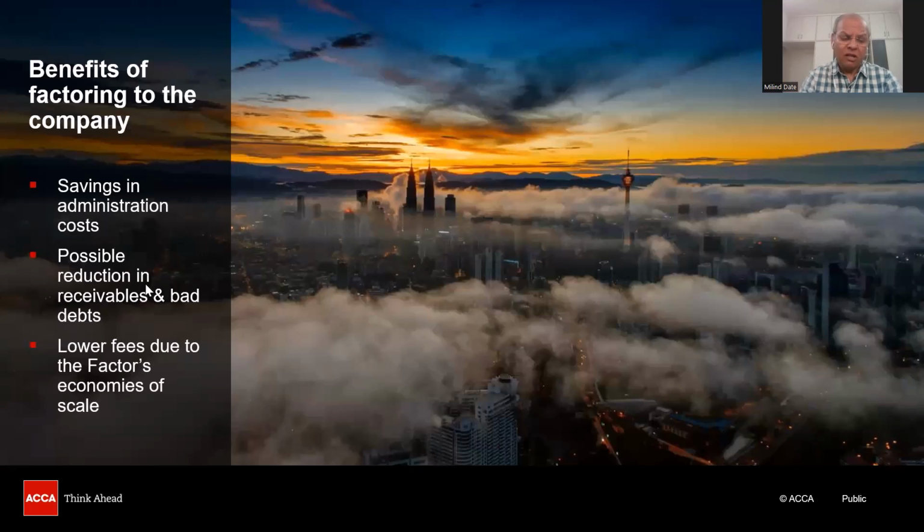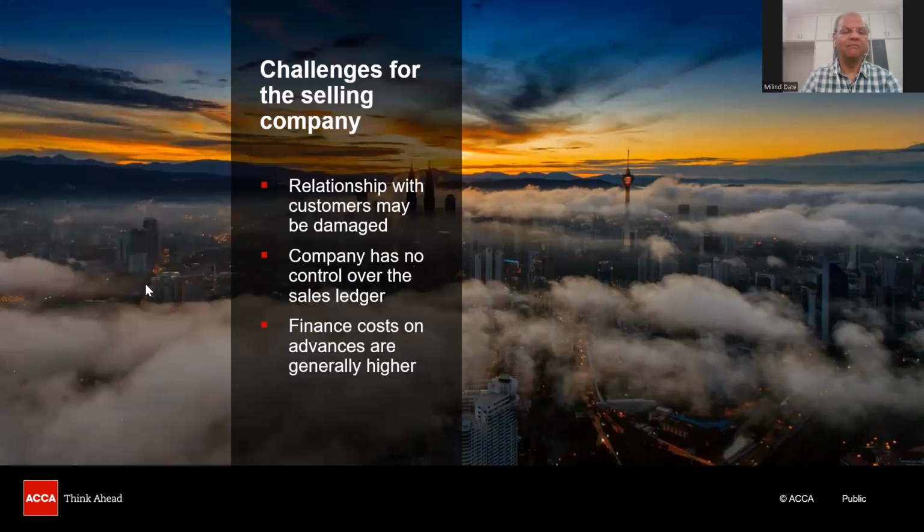But a factoring agreement cannot be sans challenges. There will be some challenges faced by the selling organization. If you tell somebody else to collect money on behalf of you, your relations with customers are likely to be damaged to a certain extent.